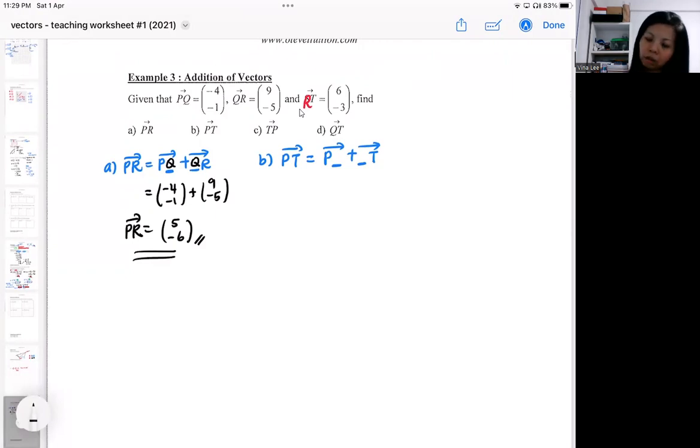If you already have a vector, you can actually use it. So I'm going to use PR plus RT. PR will come from your previous answer, so you make sure your previous answer has no careless mistake. RT is already given to me, so I'll get 11 and minus 9. So that is my PT.